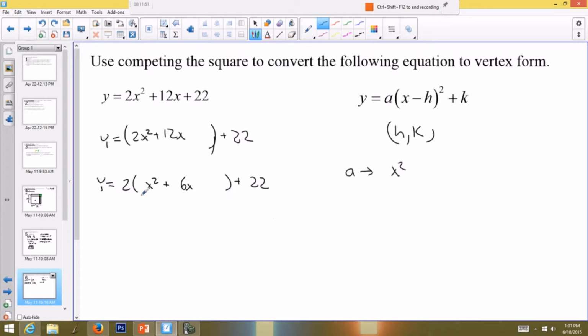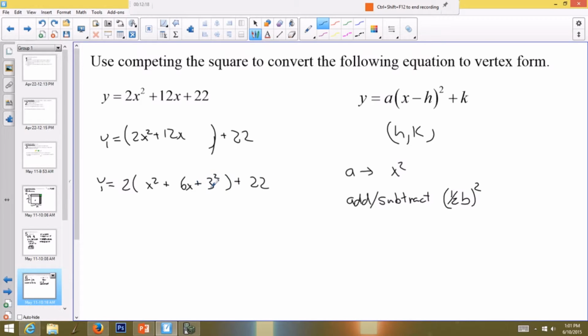Now, when I look at this, I'm going to add and subtract half of b squared. If I look at my b value, half of 6 is 3. I'm going to add that squared.